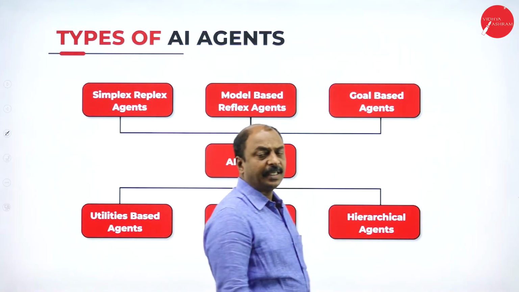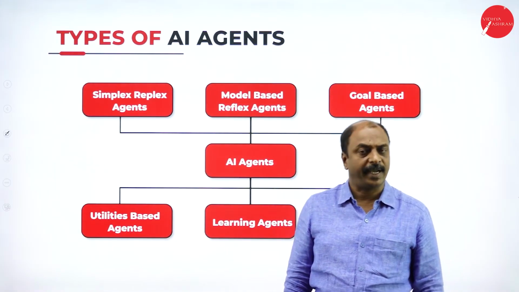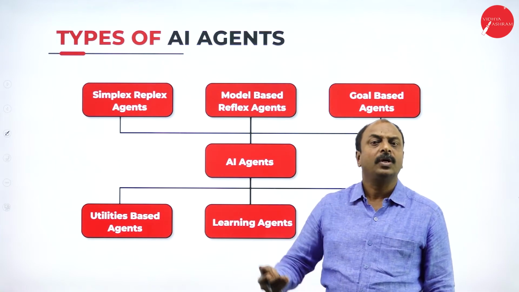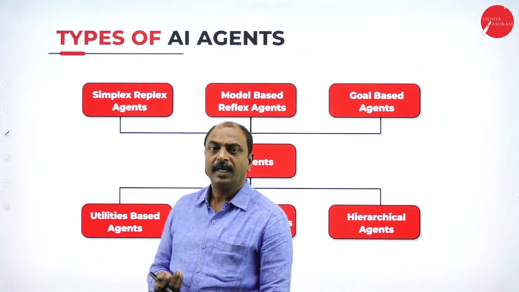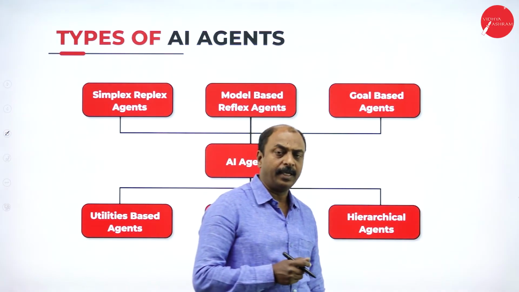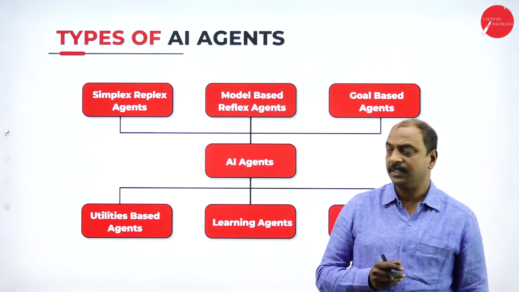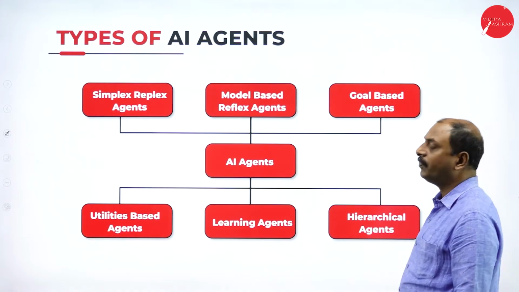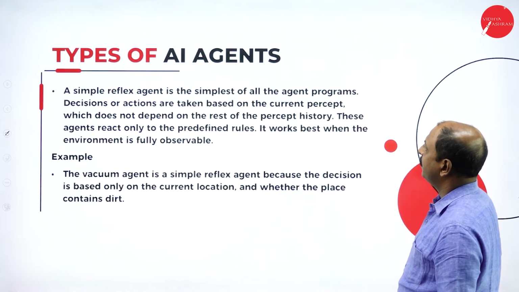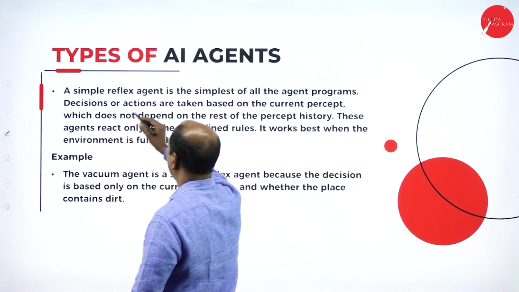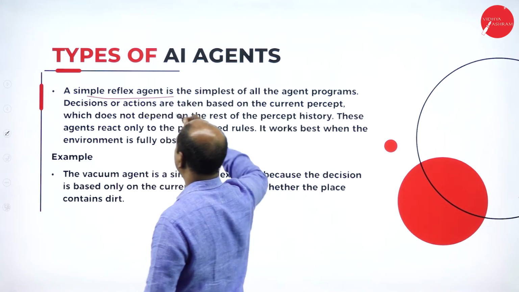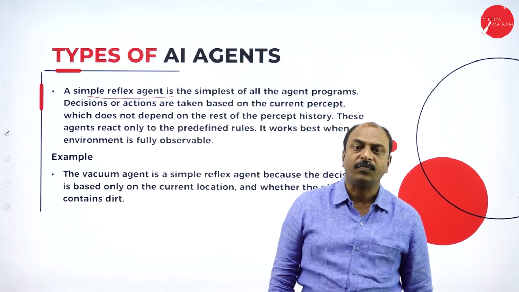As I said, an agent is a part of an AI system, so it accepts the input, or percept, from the environment and acts accordingly through the actuators. That is the function of an AI agent. Now in the next slide, let us see the first type of agent, the simple reflex agent.